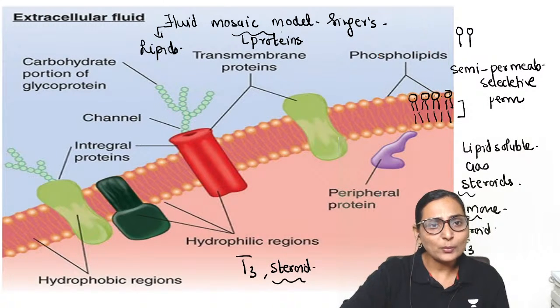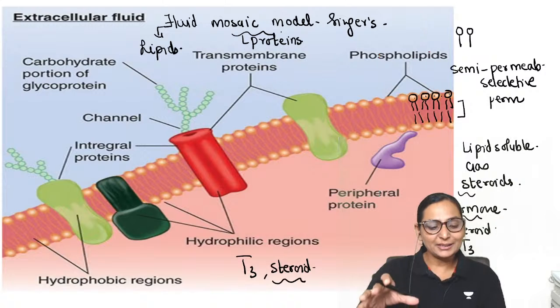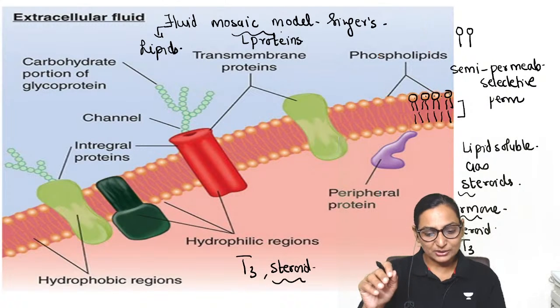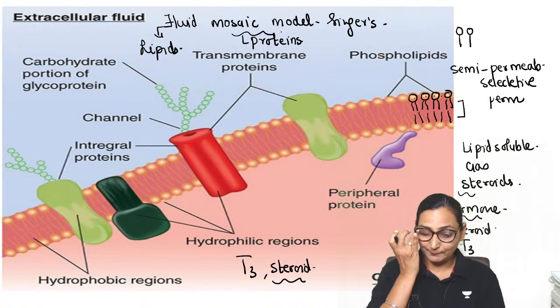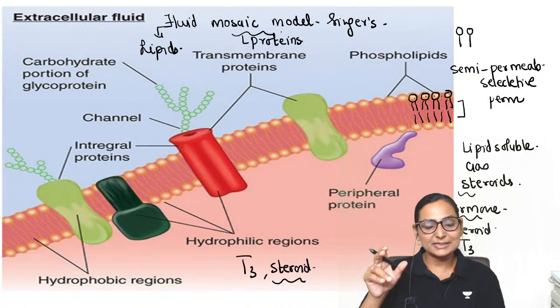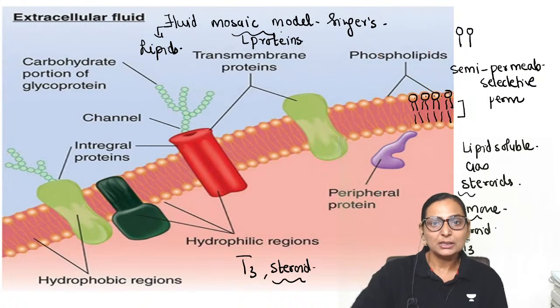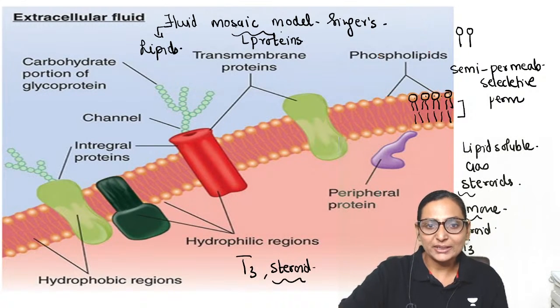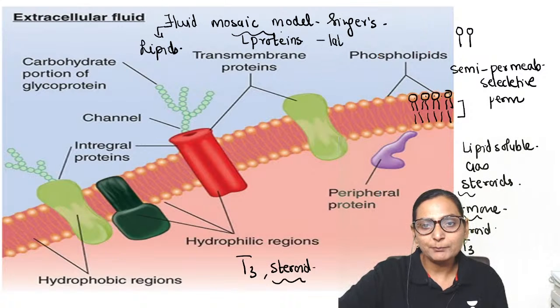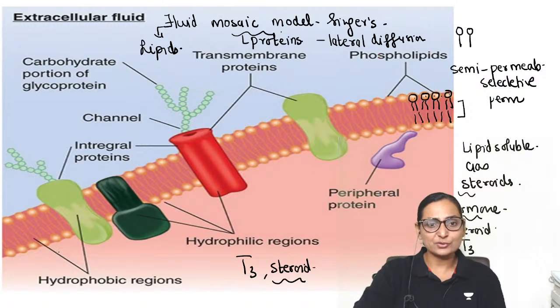Now this fluidity means what? The membrane is kept in a fluid, gel-like form. That depends upon the transition temperature, and the fluidity of the membrane is maintained by cholesterol. Now the mosaics are the proteins, and the proteins, very importantly, show something which is called lateral diffusion.